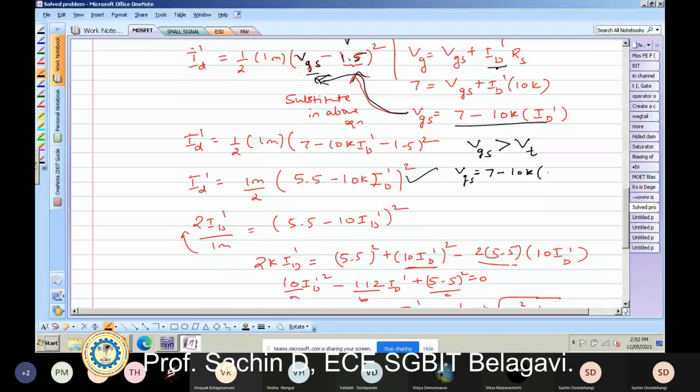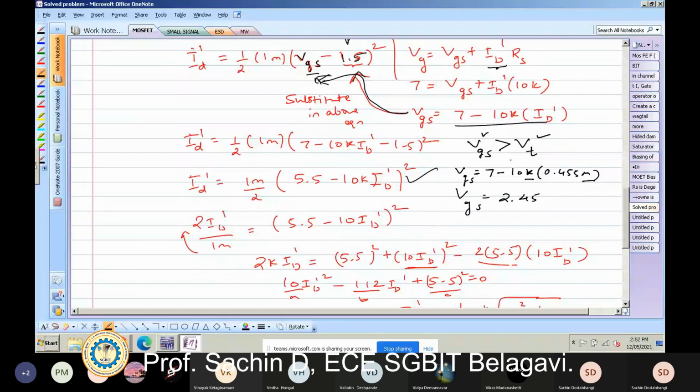So what do we get for VGS? This kilo and milli will get cancelled. So 10 into 0.455 is 4.55. So you'll get 2.45. So VGS is 2.45, which is greater than VT.